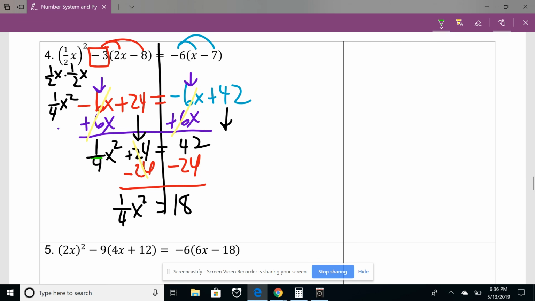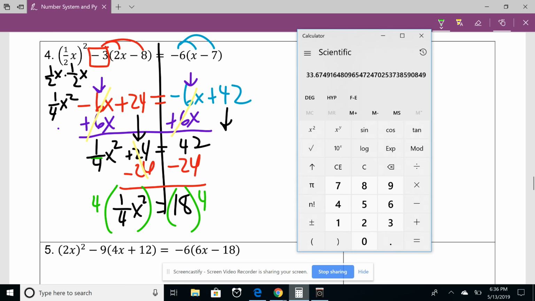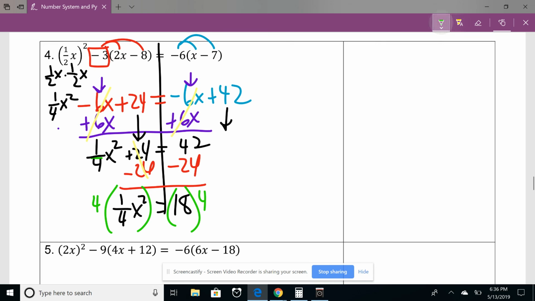To get rid of a fraction, we've got to multiply both sides by the reciprocal, which is 4/1, which is just 4. So we're multiplying both sides by 4. 18 times 4 is 72. So these cancel. So we get x squared is 72.